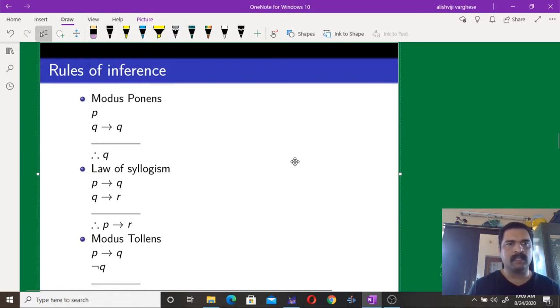Now here we will come across a number of rules which can be used in testing the validity of an argument, or which can be used to obtain the conclusion from the given premises. First one, modus ponens: P is given and P implies Q is given.